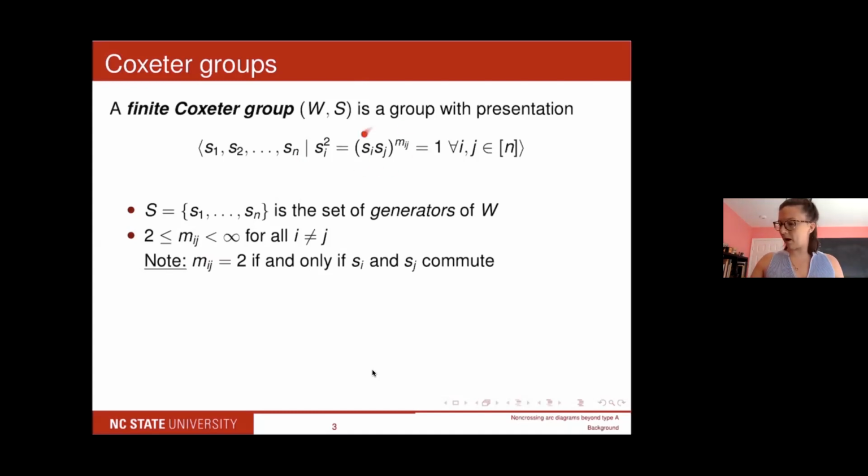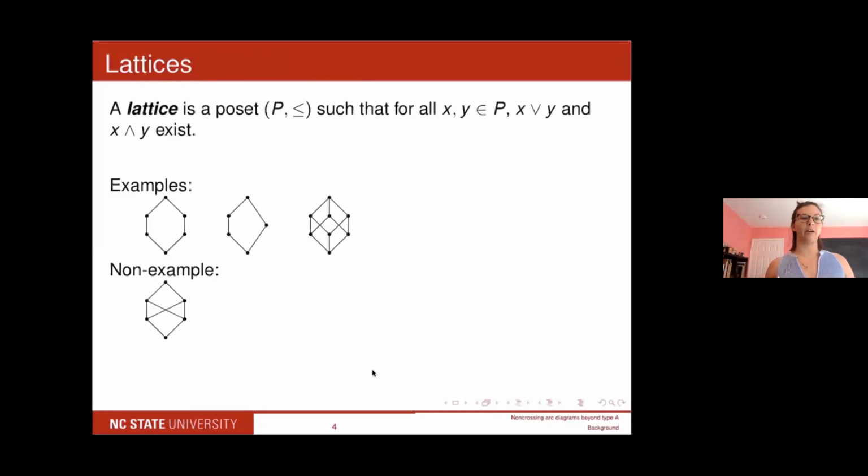And then for each pair of generators, we have this Mij getting us to the identity. Because we're in a finite Coxeter group, our assumption is that Mij is always less than infinity. You can take away that assumption and you get infinite Coxeter groups. And if you are looking to do a little bit of algebra, Mij is 2 if and only if Si and Sj commute. And that might come into play a little bit later.